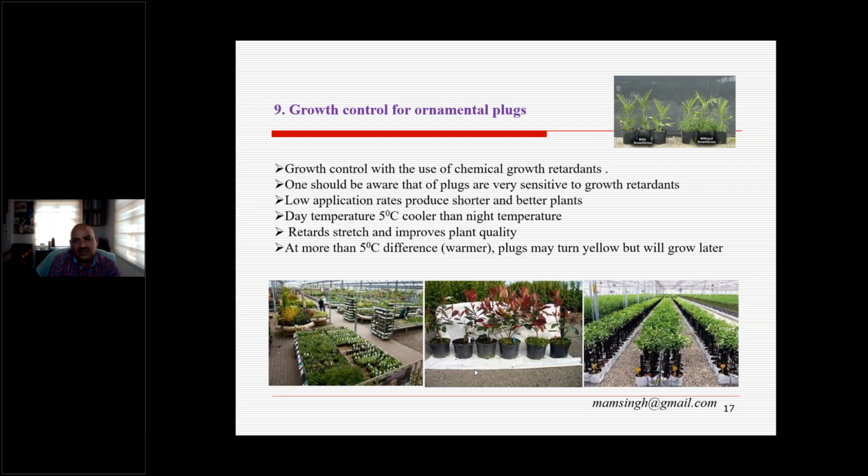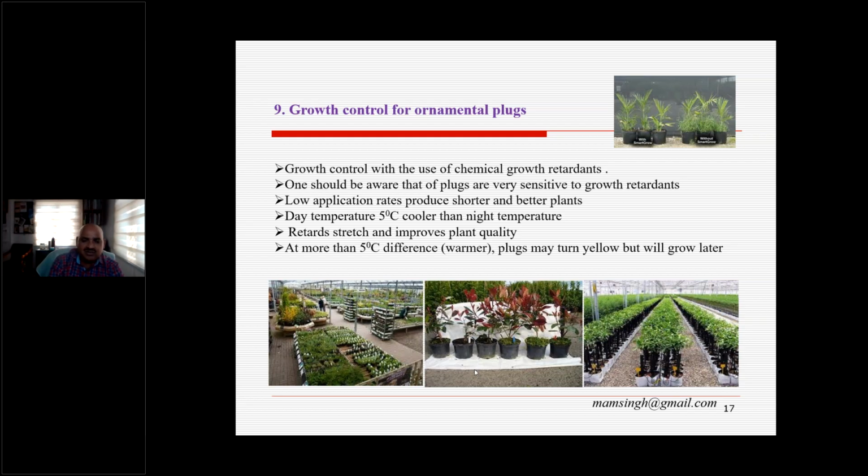That has to be taken care of, and growth control is very important, which is why we see compact plants. Growth control means compact plant. If the plant is compact, it looks like the same plant, its shape and size and also its nature are not distorted, so certainly the market will prefer to buy it. So this is very important nowadays.